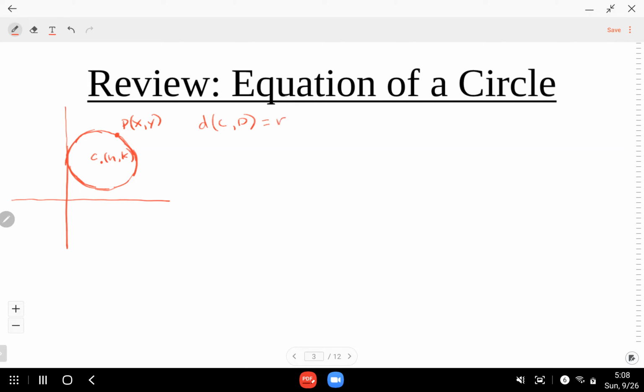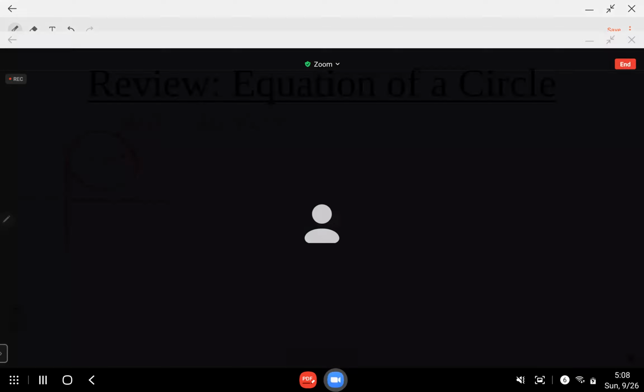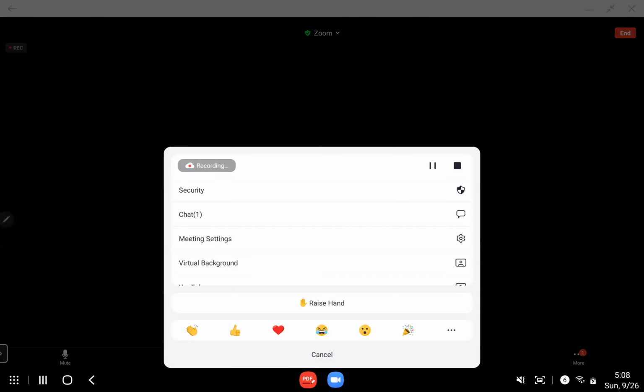So we're going to have an equation of the circle, which must include the center and the radius. So how are we going to do that? Basically that is just going to be the distance between C and P. Who knows what the distance formula is between 2 points?